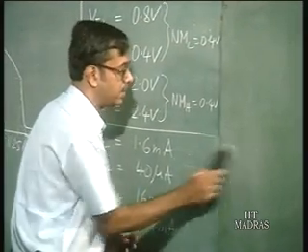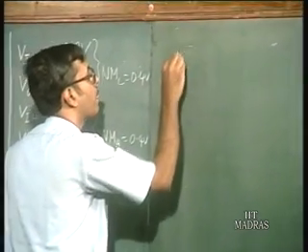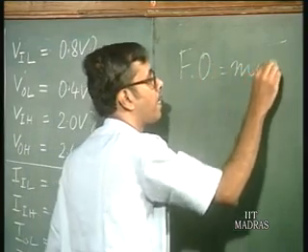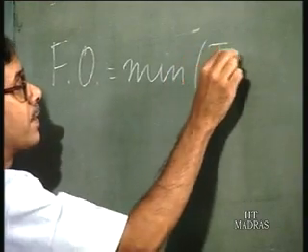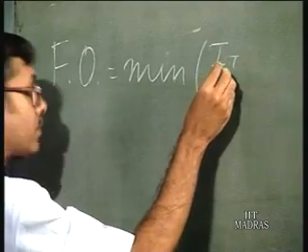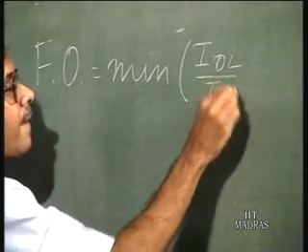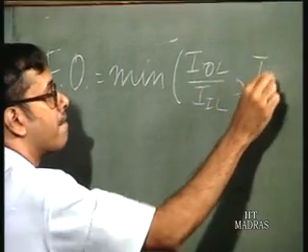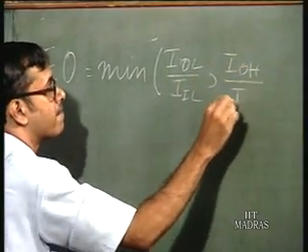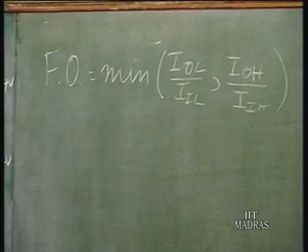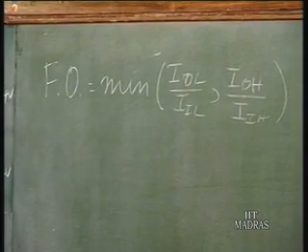So, the fan out, I shall write it here separately, will be the minimum of IOL by IIL and IOH by IIH, and whichever is minimum is going to be the maximum fan out.